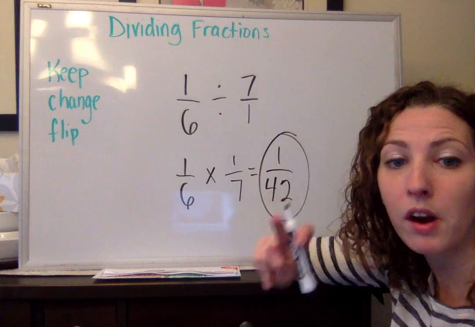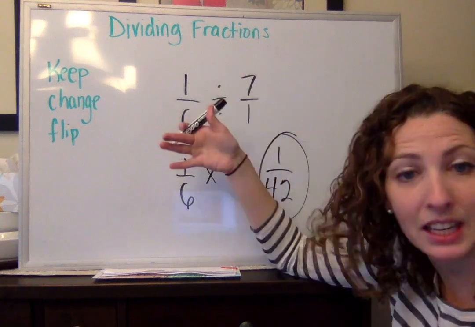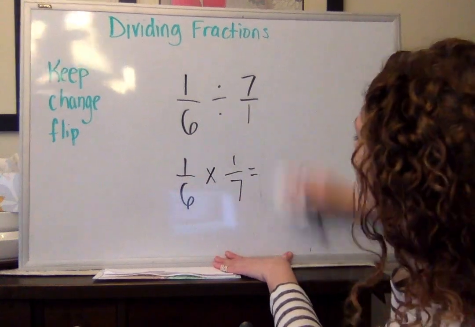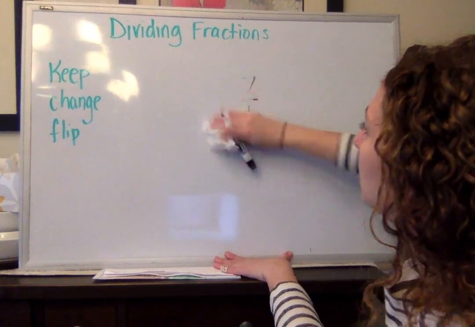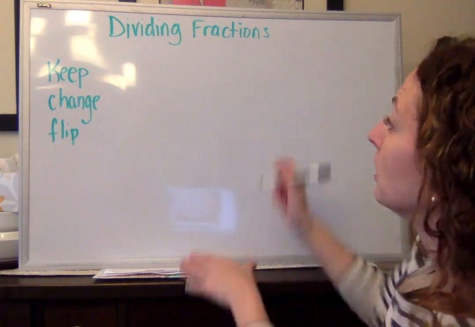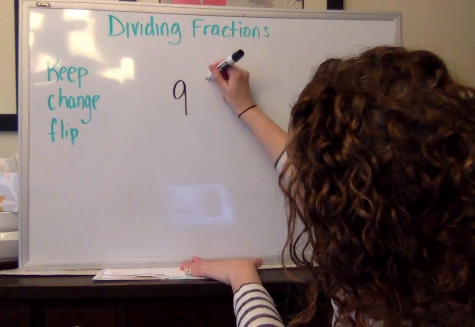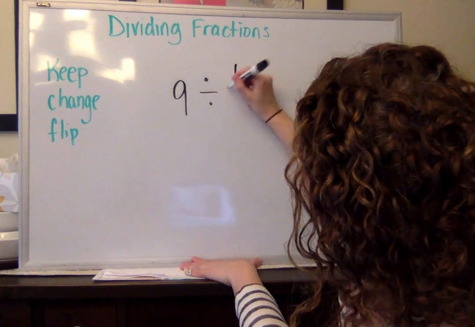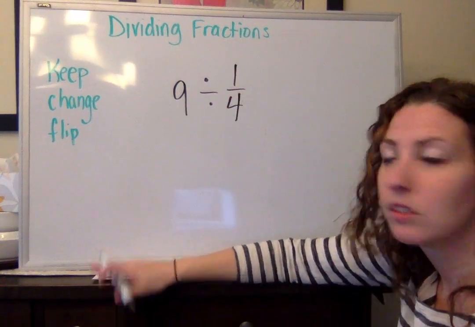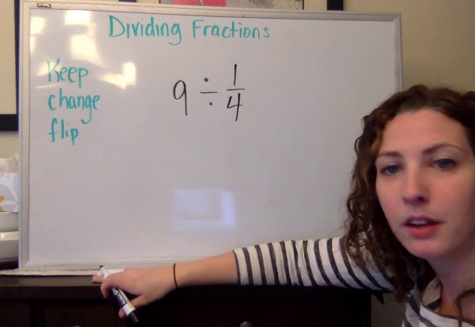Now let me show you one more example which you might see on some of your work, okay? You might have a division problem that looks like this. What do I do? Think about it.